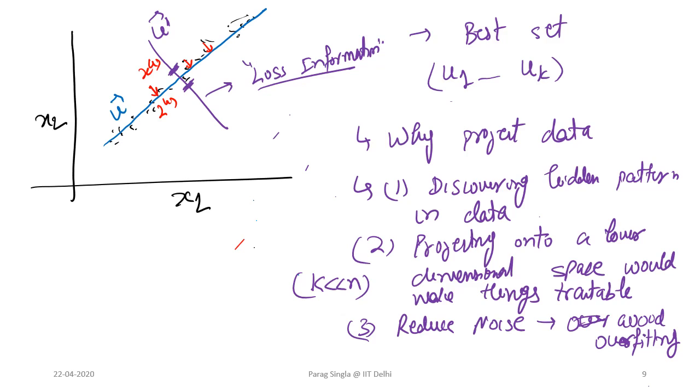This is the dimension shown here by u, and this u prime is the dimension which actually leads to a large amount of loss of information in the data, which is perpendicular to this u dimension, and u prime is not a good dimension to project the data on. And what we are looking for in PCA is to find this best u which captures most of the information in the data.